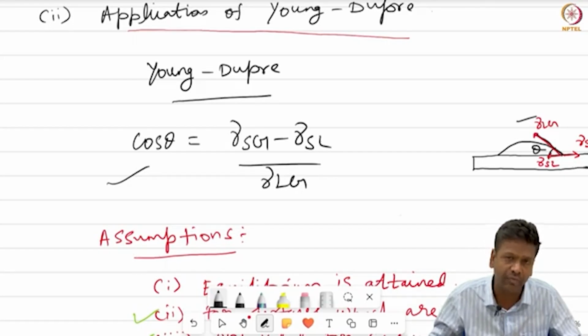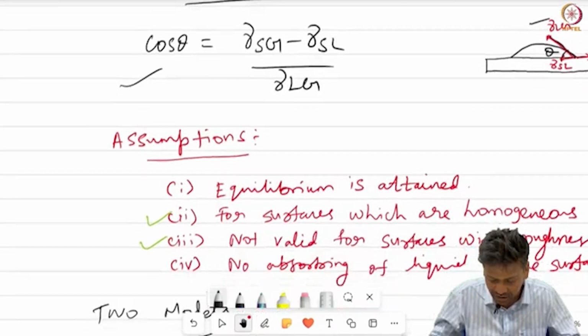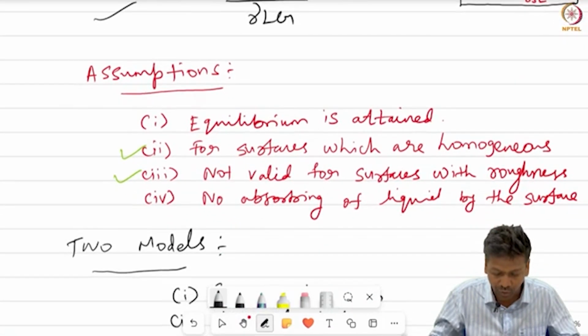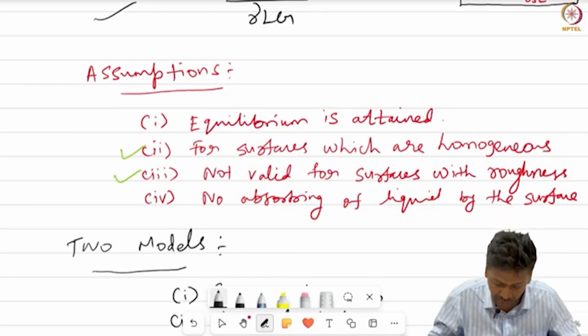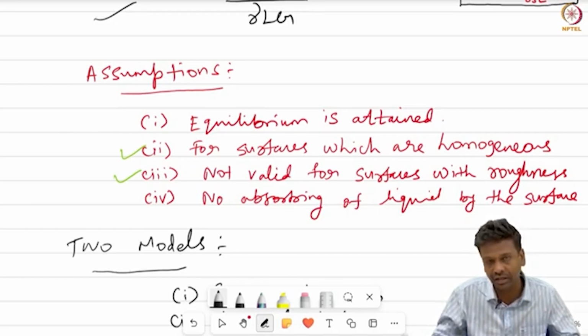Remember, when we derived this equation, we made some assumptions, which means that this equation is applicable only if these assumptions are met. The first and foremost assumption was that equilibrium is attained, so the theta that we measure is the equilibrium contact angle.